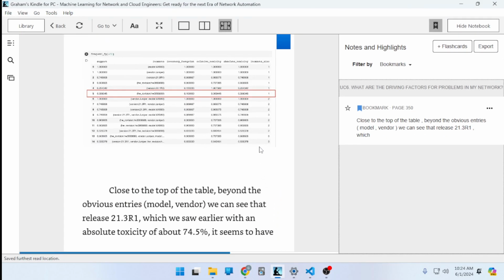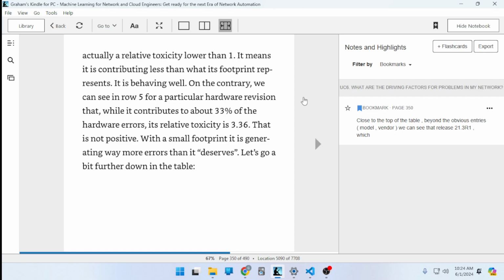All right, so close to the top of the table, beyond the obvious entries, model, vendor, we could see that release 21.3R1, which we saw earlier with an absolute toxicity of about 74.5%, seems to have actually a relative toxicity lower than 1. It means it is contributing less than what its footprint represents.